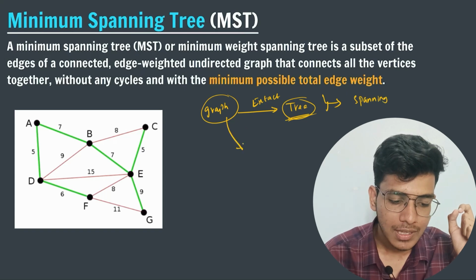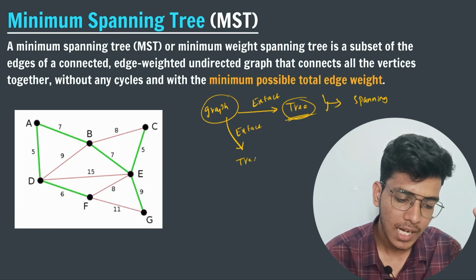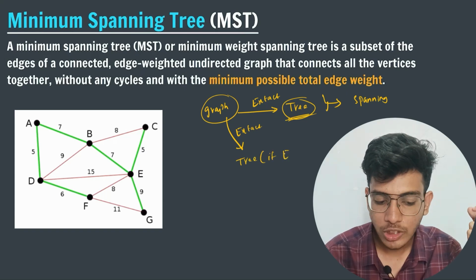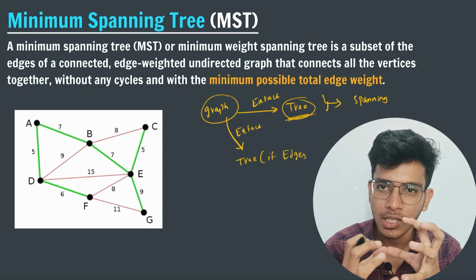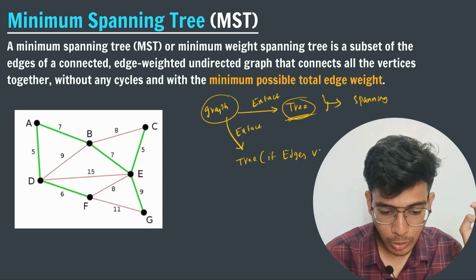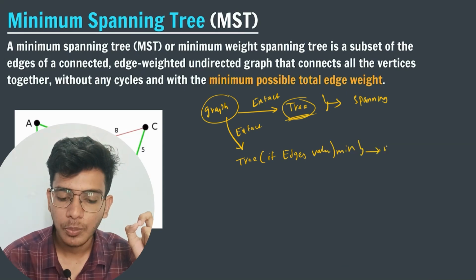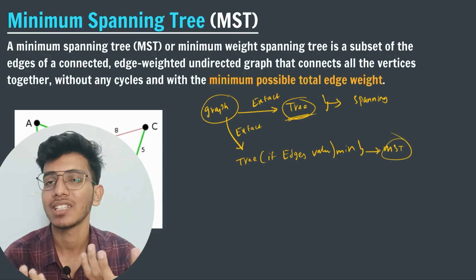And if in the tree you have extracted, the edge values you have chosen are minimum, then that particular structure is known as a minimum spanning tree, which is nothing but MST.